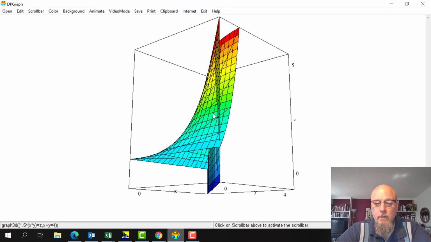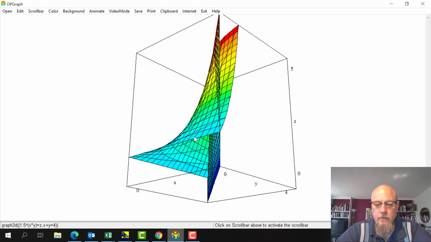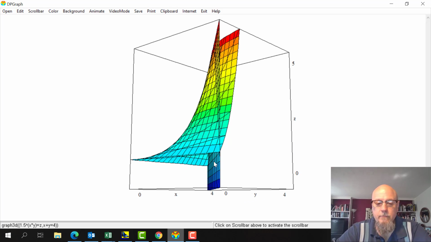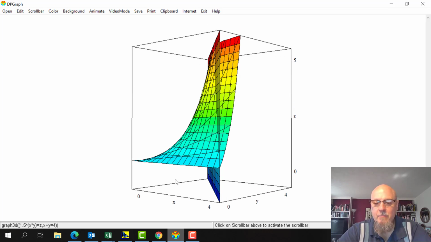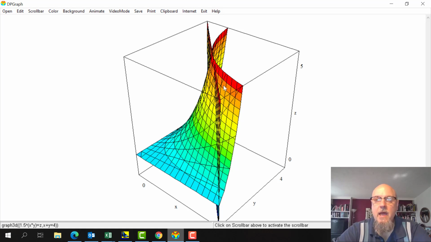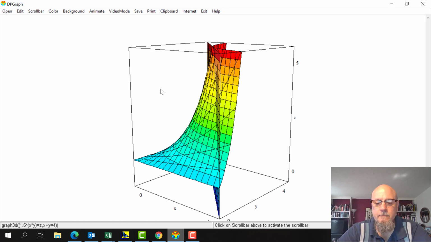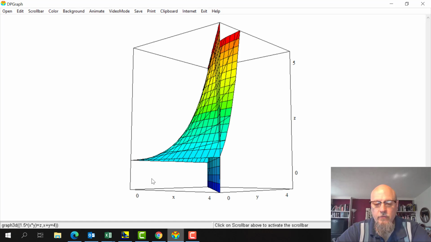We're talking about being below this curved surface, and there's the origin. So underneath this curved surface on this side of that plane, that's the plane x plus y equals 4, and above z equals 0. So underneath this curved surface, to this side of that plane, and in that box.